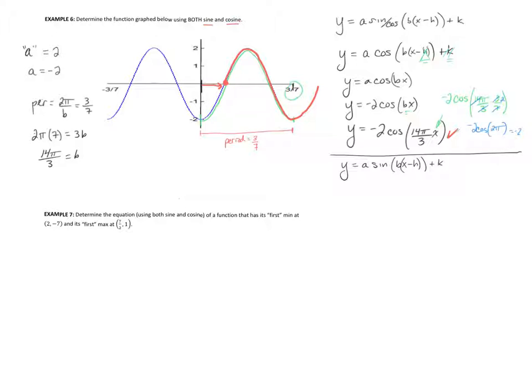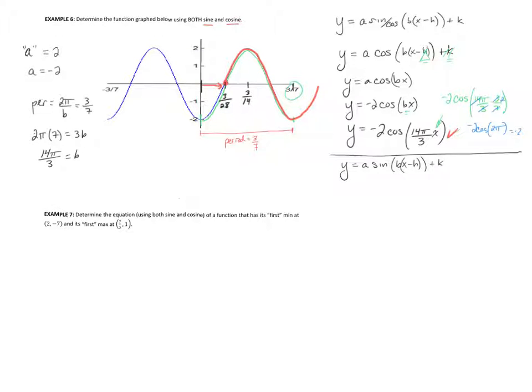Well, a lot of what we talked about today was that the important stuff happens at a quarter of the way through the period. So halfway through here, what would that value be? Well, if we take 3/7 and chop it in half, we get 3/14. And if we take 3/14 and chop it in half, we get 3/28.